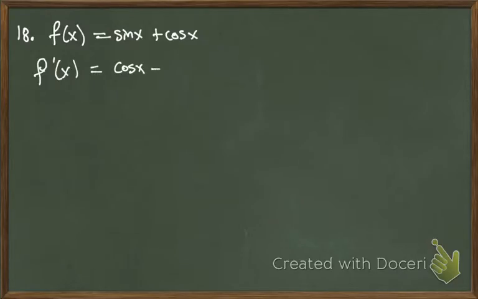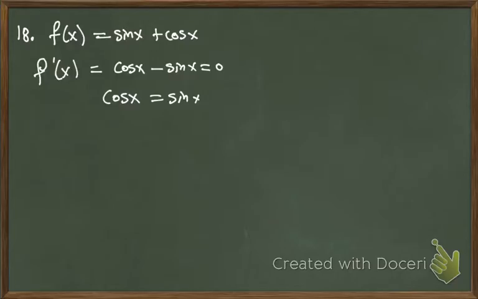So this time we'll look at f of x is equal to the sine of x plus cosine of x. Same deal. Where does the derivative equal 0 on 0 to 2 pi? So derivative of sine is cosine, derivative of cosine is minus sine, and we want to set that equal to 0. Well, we'll add sine to both sides, and we're looking at where the cosine and the sine are equal to each other.